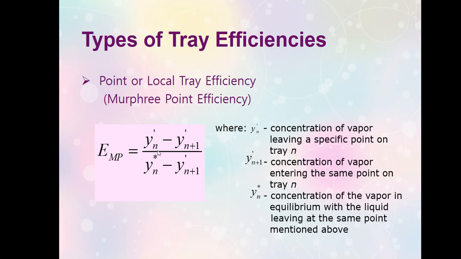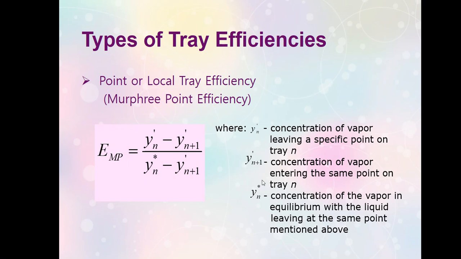Because this time, we're not taking the average concentration of all vapors leaving a particular tray, but rather, we're taking the concentration of a vapor on a specific point on the tray. So, the concentration of the vapor leaving a specific point on tray n. This is even more accurate because you're not basing it on the tray, but you're basing the efficiency on a specific point on the tray. And that's your Murphree point efficiency.